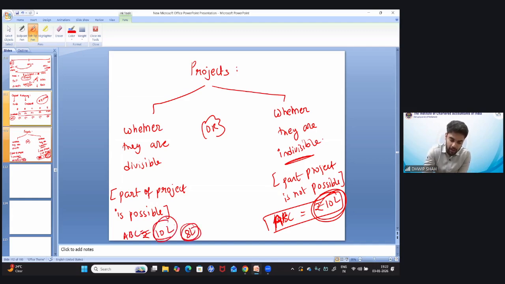Then no problem, don't take the full 100%, you take 80% of the project. You invest in 80% of the project. Followed the difference between project divisible and indivisible?